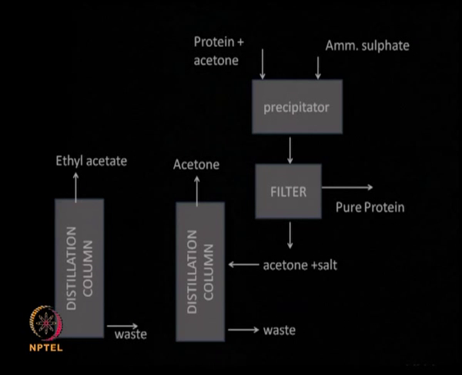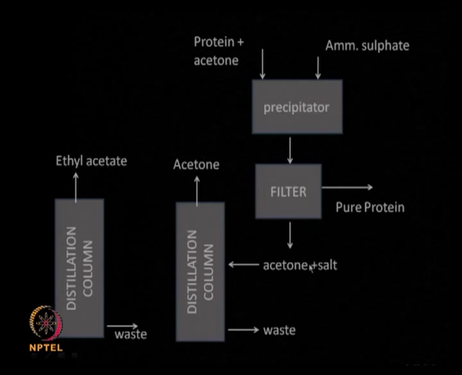So if the protein precipitates out, what do you do? You can go to a filter. So you can filter the protein, so the liquid will contain the solvents, salts and everything, so we can take out the pure protein, okay. So here I am talking about a possible suggestion of using a salt to precipitate my protein, and then I need to go for a filter so that my protein is removed, and then the liquid will contain my solvent and the salt.